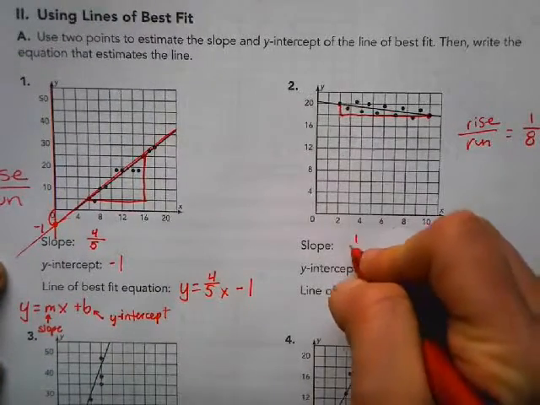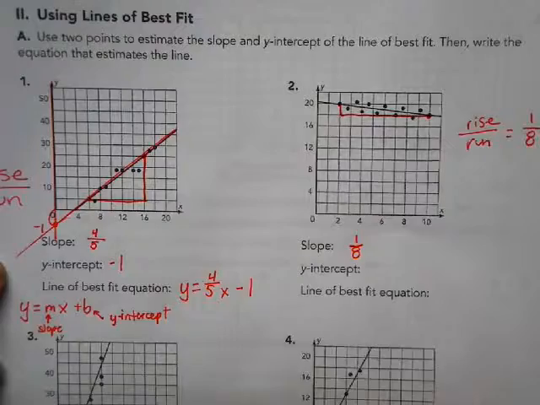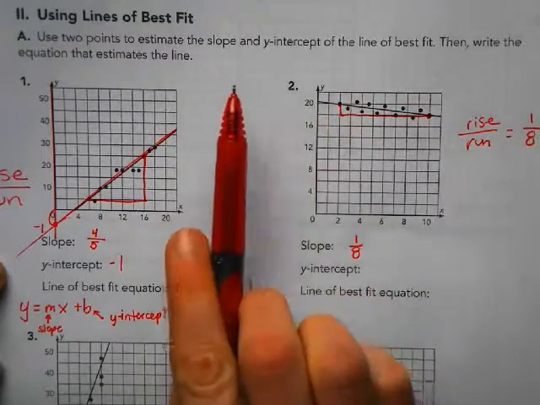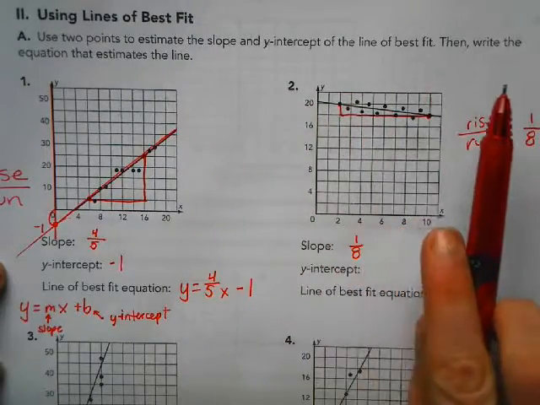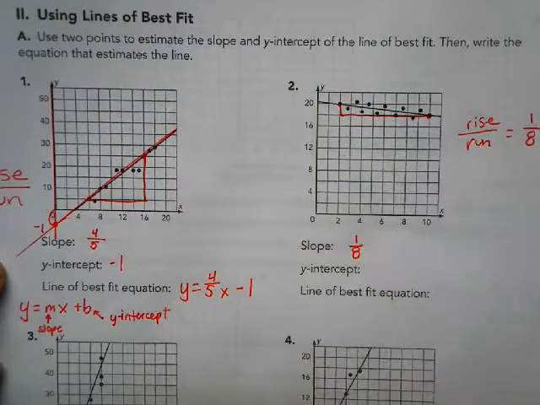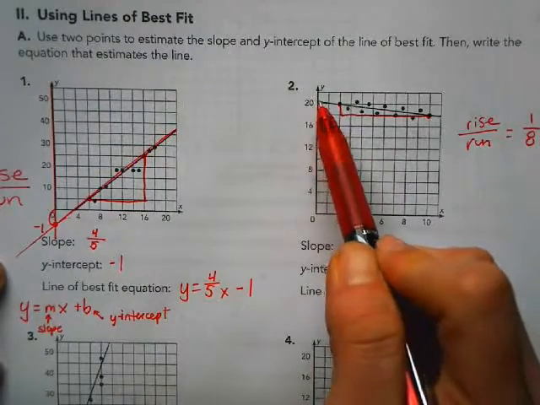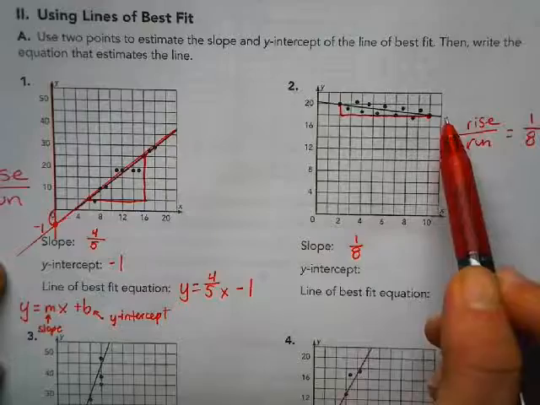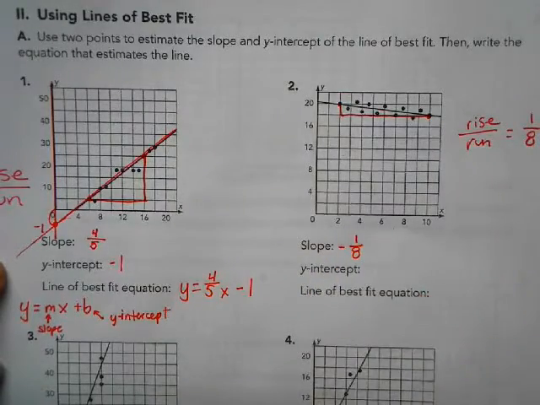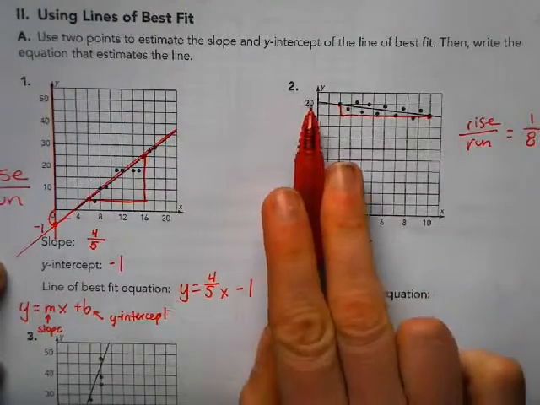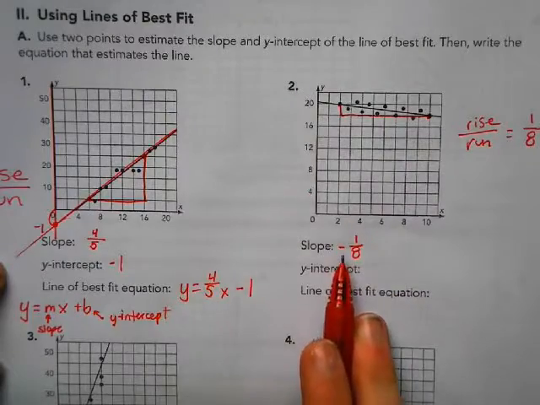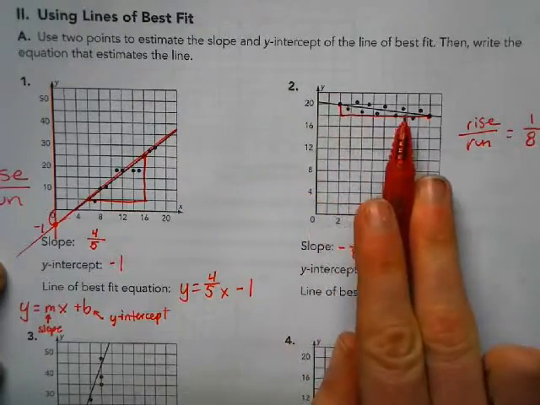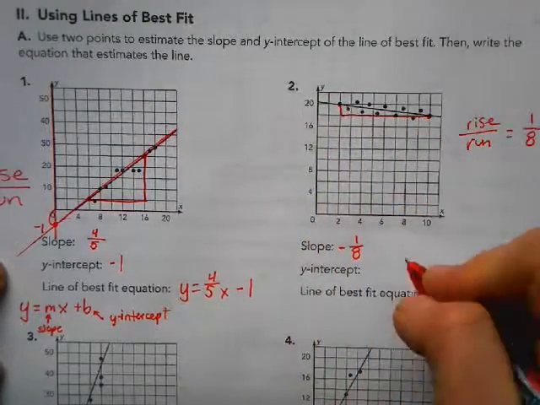So our slope is 1/8, but I want you to take a look at this line. As we move from left to right, is the line going up or down? And you see that it's going down, so this is going to be a negative slope because we are losing 1/8 for every space that we go.